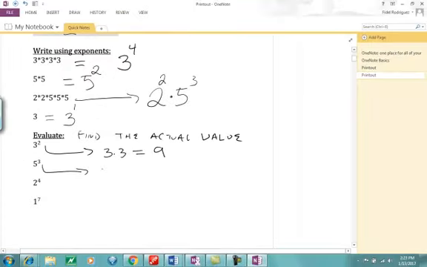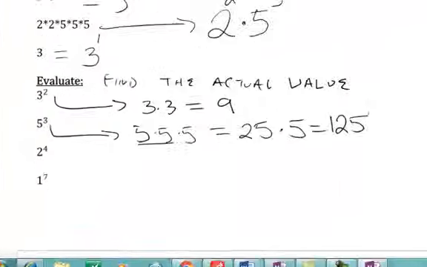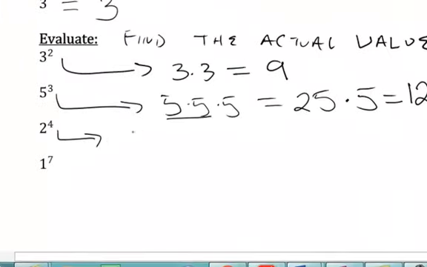For 5 to the 3rd, that means 5 times 5 times 5. Well, 5 times 5 is 25. 25 times 5, if you think about how much money would you have if you had 5 quarters? 125. 2 to the 4th, again 2 times 2 times 2 times 2. So 2 times 2 is 4.